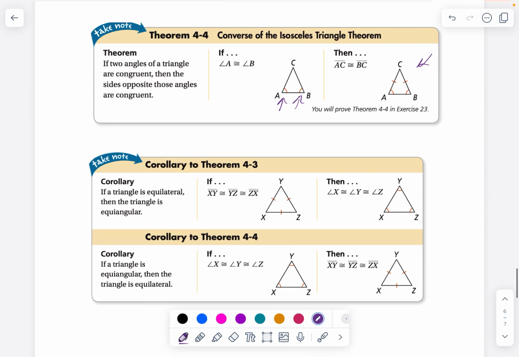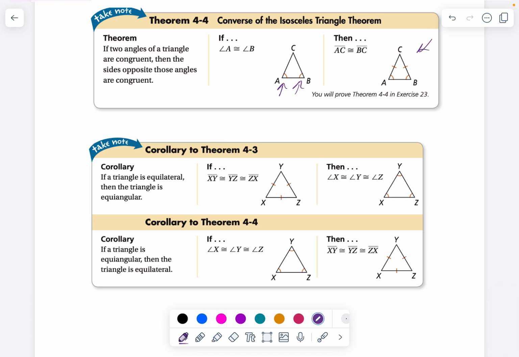Now, when you have an equilateral triangle, that means all sides congruent, that we see here. So if all the sides are congruent, well, then all the angles are congruent. And more specifically, because the sum of the angles has to equal 180, they all have to be 60 degrees.